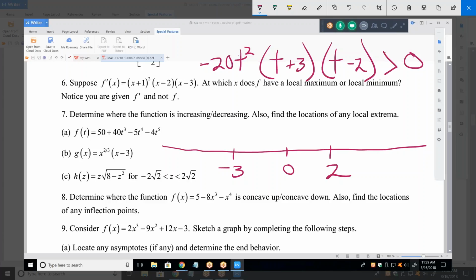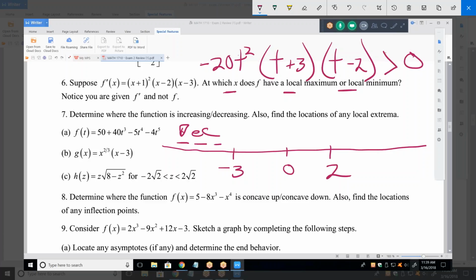So it's -4. -4 makes that negative, -4 makes that negative, -4 makes that negative. So it's negative everywhere to the left of -3. Decreasing from -infinity to -3, it's decreasing.